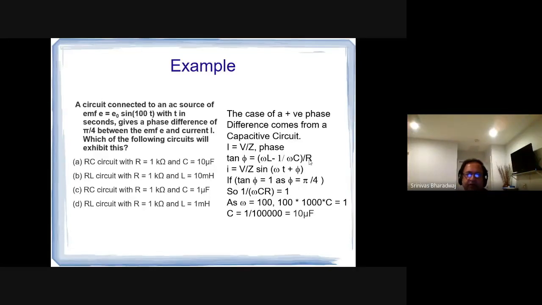If you calculate each of these cases, you find that only in one case does R equal omega L minus 1 over omega C. In the other cases, it comes out to be something else.